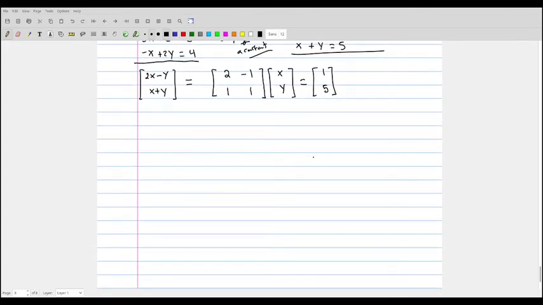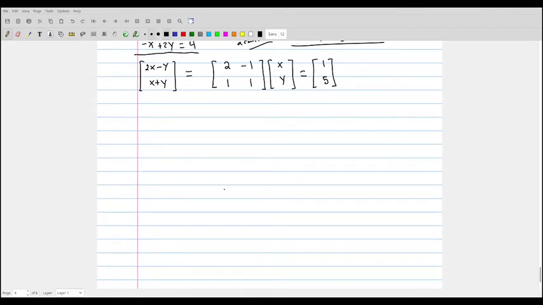For a given system, the augmented matrix that goes with the system is the matrix M along with the vector on the right-hand side of the system.